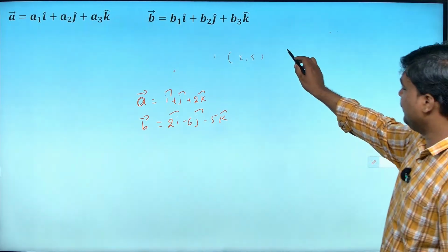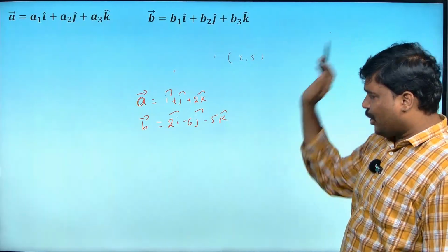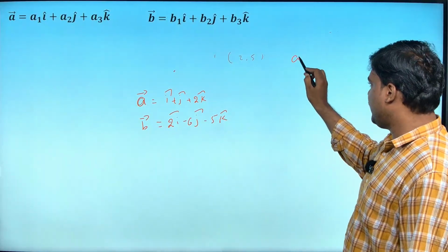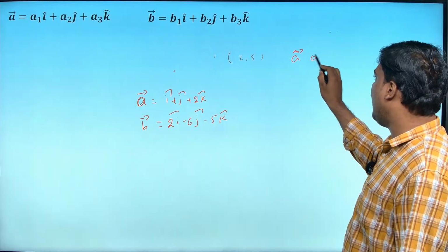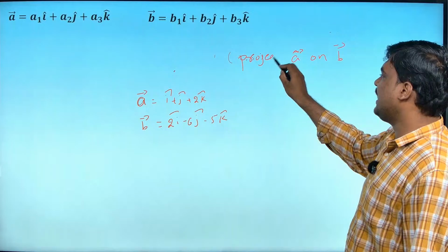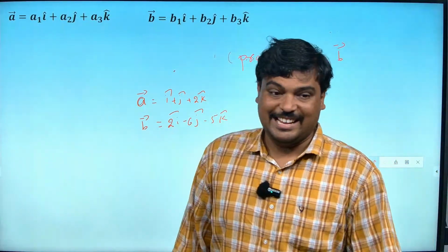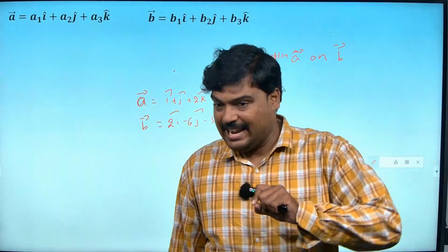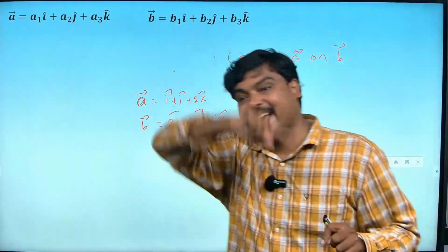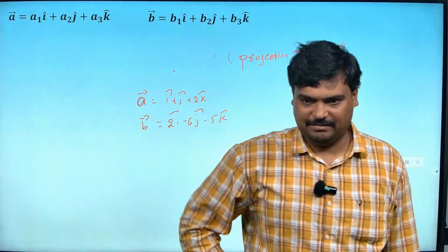I want the projection of a vector on b. First, understand what projection of a on b means. b has already traveled in one direction.